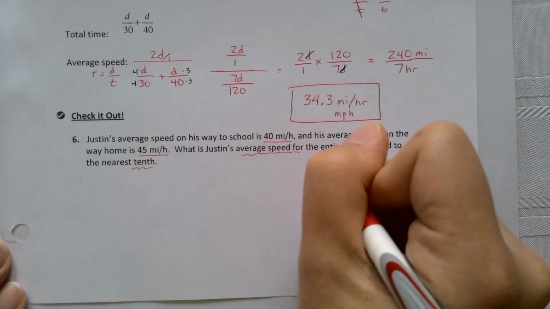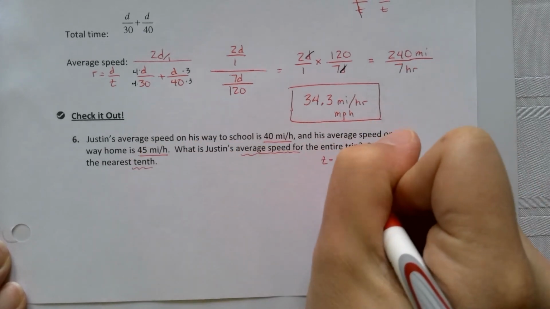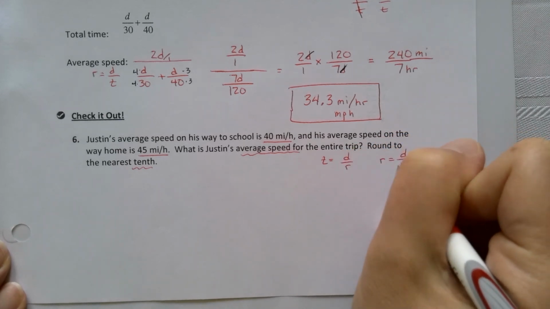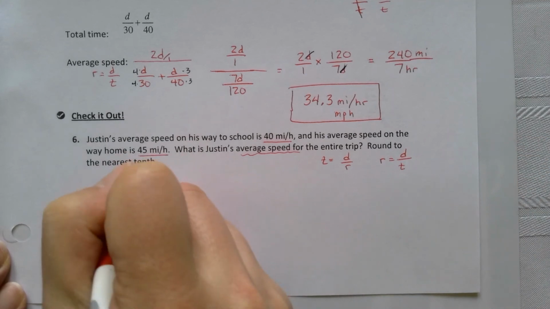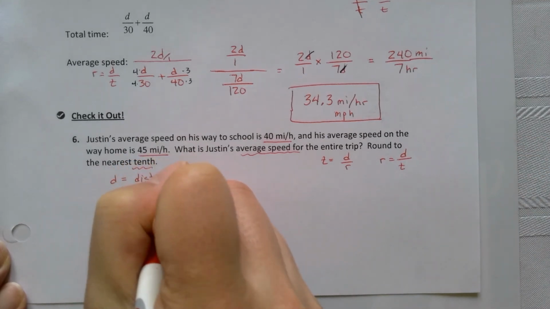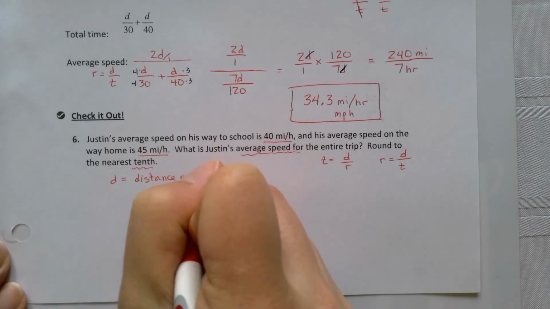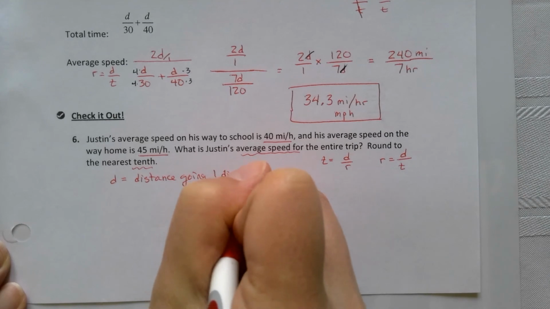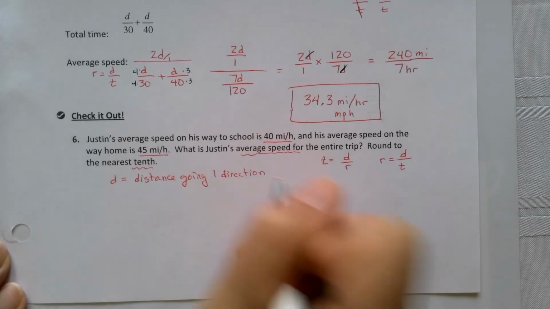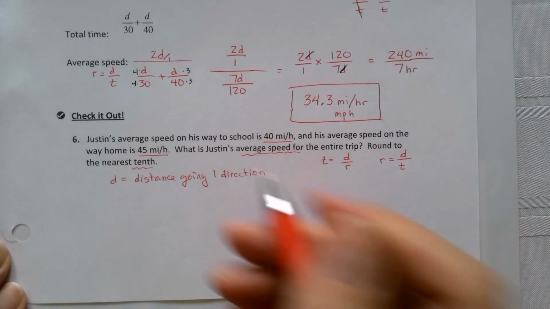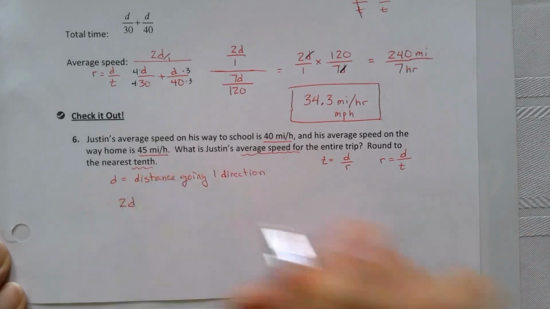Okay, so we need to remember that time is equal to distance over rate, and that rate is equal to distance over time. So we'll let D equal, again, distance one way, distance going in one direction. Now, if you think about his trip, his total distance is 2d.